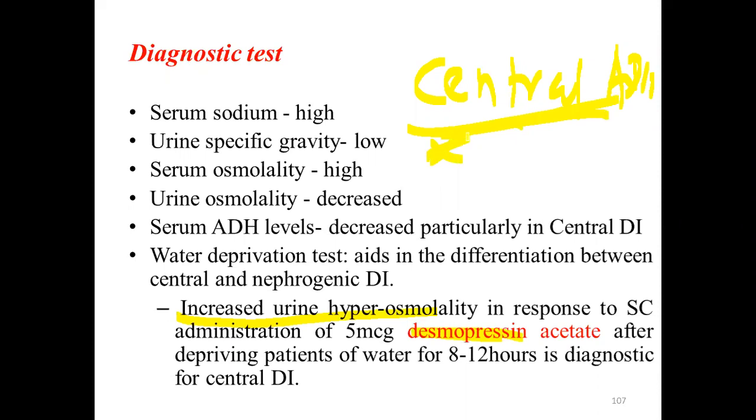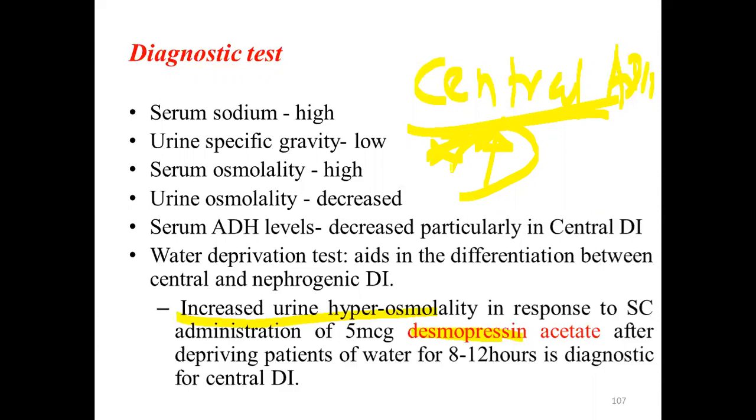So in central DI, the osmolarity will be increased in the urine after the suppression test. But if the problem is nephrogenic, despite giving desmopressin, the problem is not the level of antidiuretic hormone. The problem is that the target tissue is not responding.